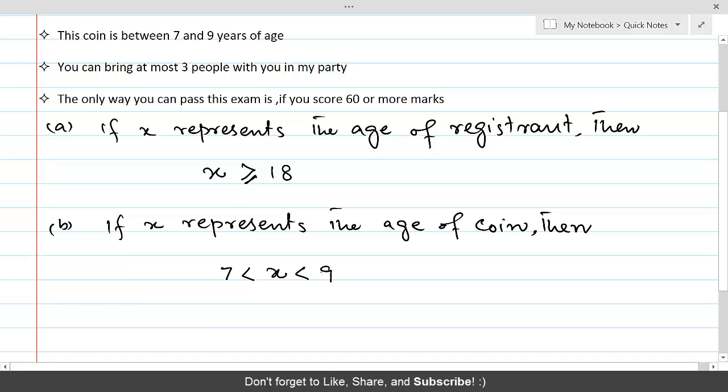That's how the word between is translated into a mathematical model. So X is greater than 7, but on the other side it's less than 9.